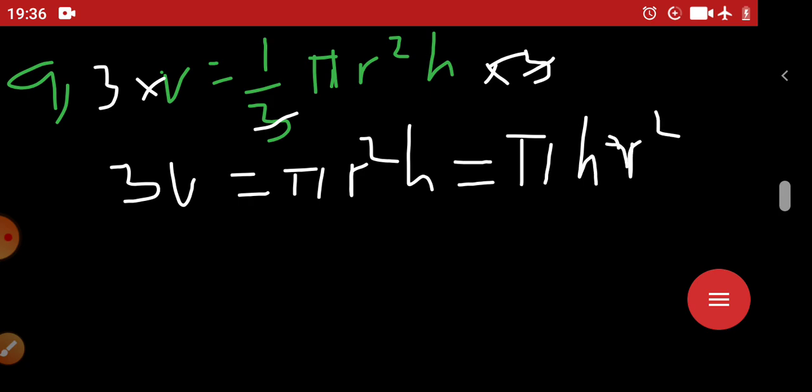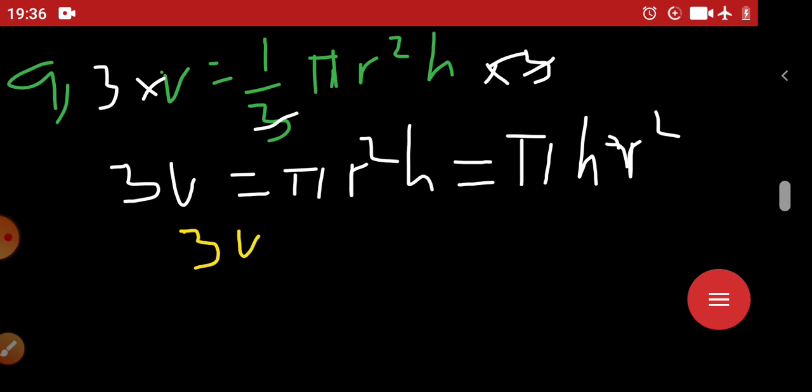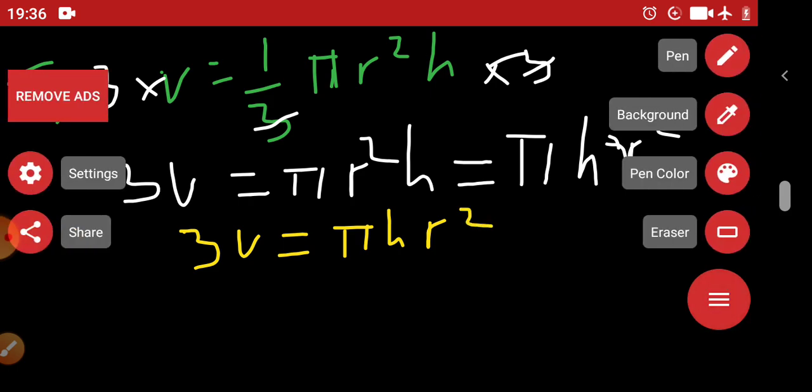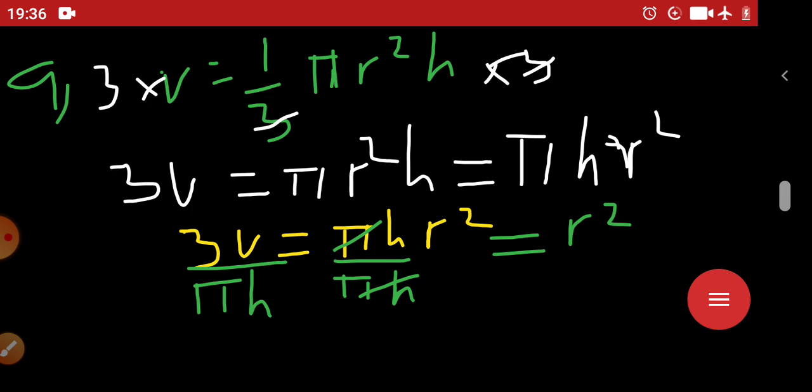Now, because you want r, we divide by pi h both sides. So here we'll be left with r squared is equal to 3V over pi h.